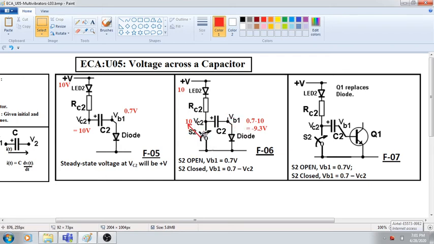What is the difference? 10 minus 0.7, so 10 minus 0.7 is 9.3. So if 10 is becoming 0, from 0.7 it should become minus 9.3. That means the voltage at the anode of the diode will become negative. It will go below 0, up to almost equal to supply voltage but negative.